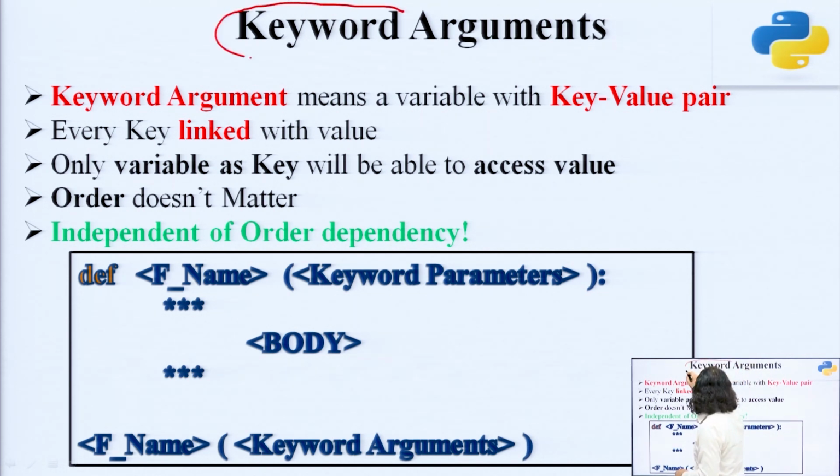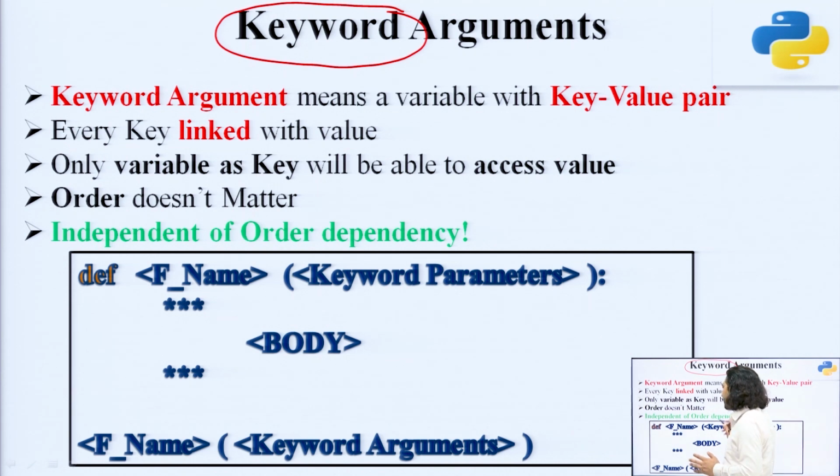The keyword is generally used to mark the position, or you can say mark the variable, in which the data is to be put while calling a function. The parameters and arguments are the same as in a function definition, but the only difference is that it is a keyword argument.